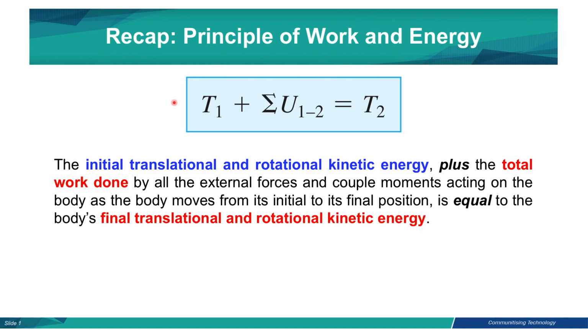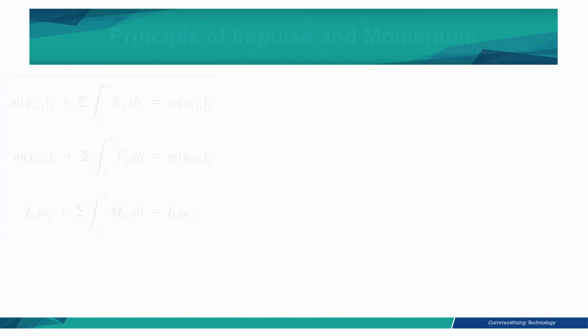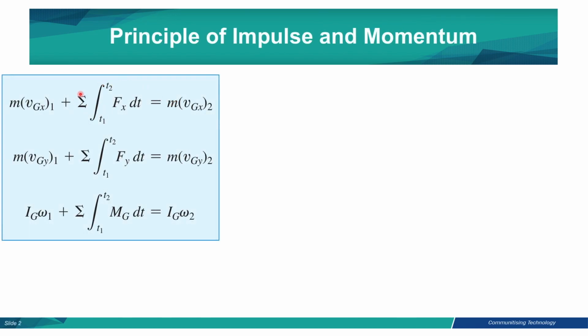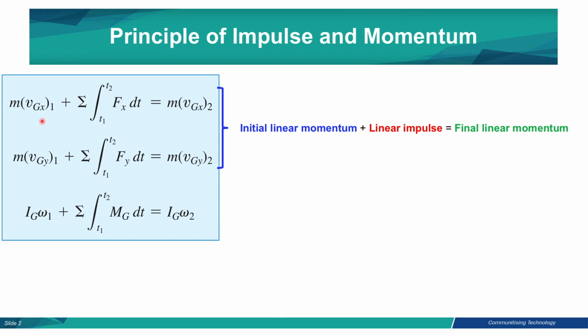The same principle also applies for impulse and momentum. In impulse and momentum, we have basically three equations. The first two equations indicate the principle of linear impulse and momentum. This has been divided into x-axis and y-axis.